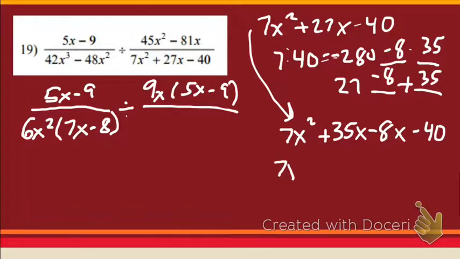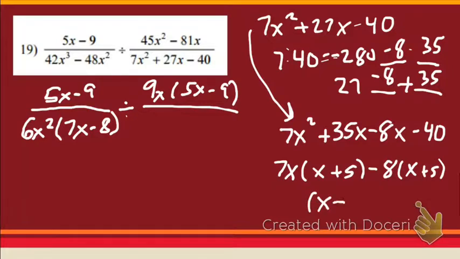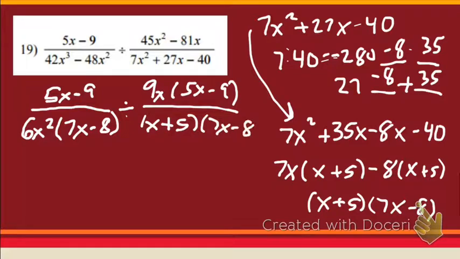You can pull out a 7x in the first two terms, and you're left with x plus 5, and then pull out a negative 8 here, and you're left with x plus 5. Then pull out an x plus 5, and you're left with 7x minus 8, and that's going to go right here: x plus 5 times 7x minus 8.